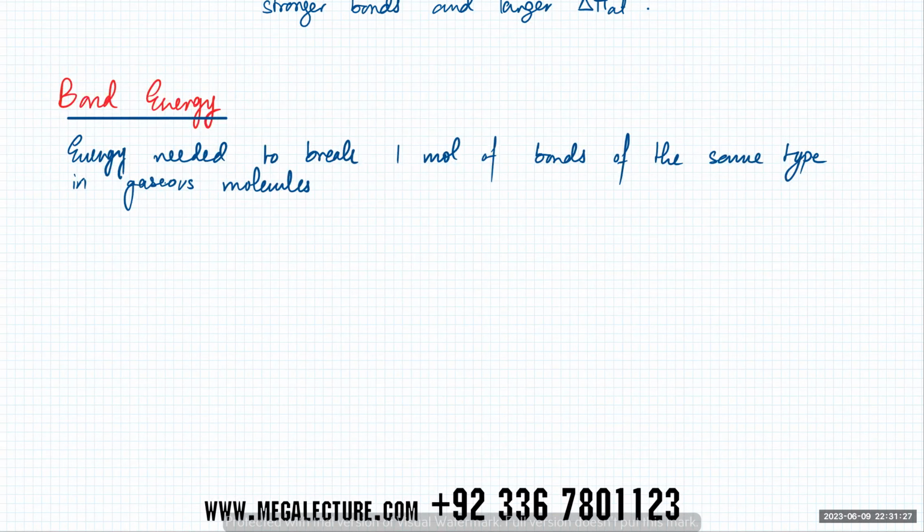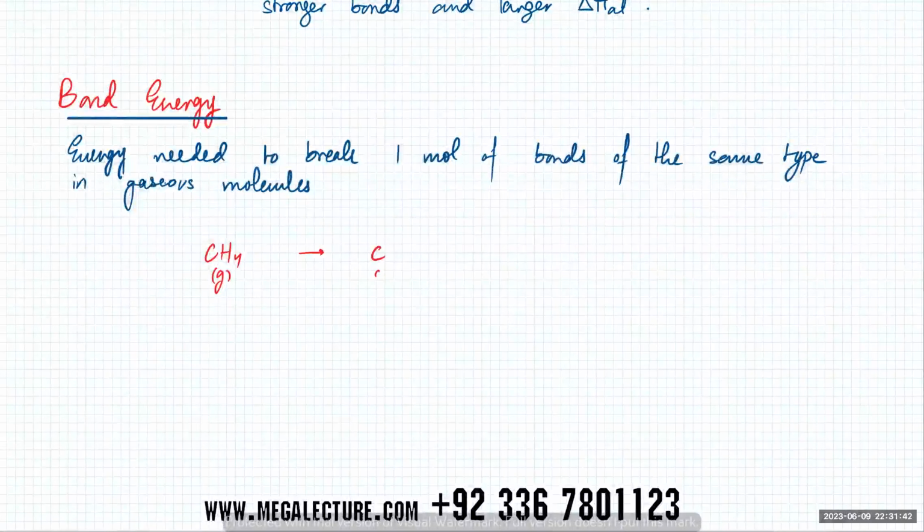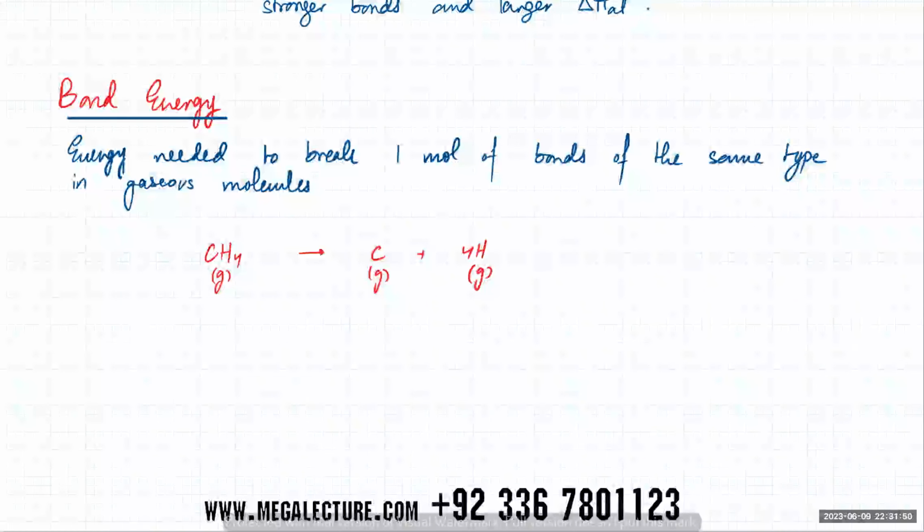So for example, if I have this equation, CH4 gas turning into carbon gas and 4H gas. How many bonds did I break? 4 bonds.